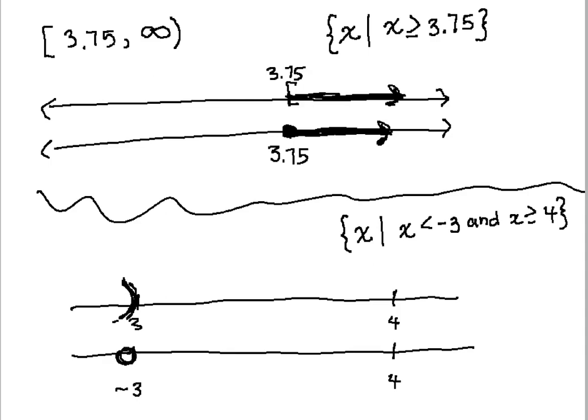And I'm saying everything is less than this, so this direction. And here I'm saying I have greater than or equal to. So I'm going to include that 4, remember, because we have that equals. Here I'm going to have a solid dot or a square bracket, and I'm going to go this direction.